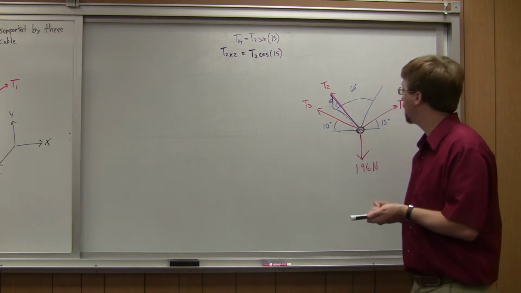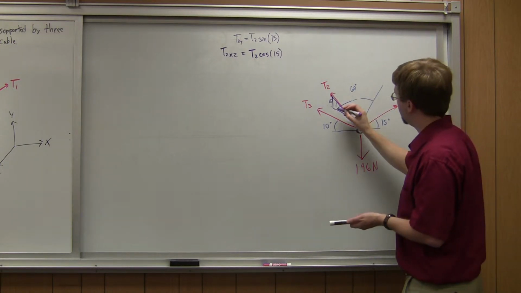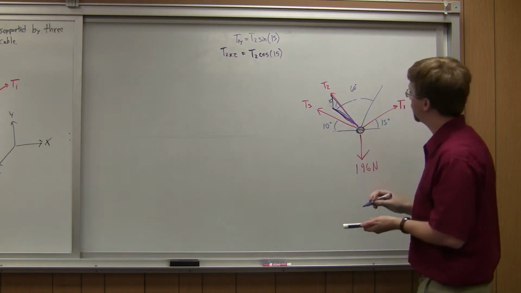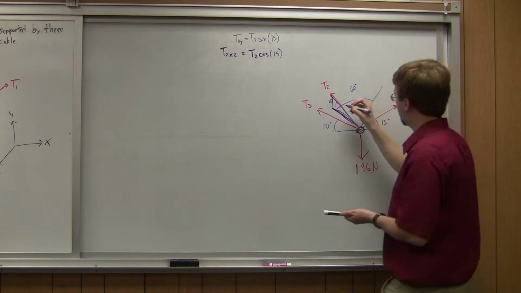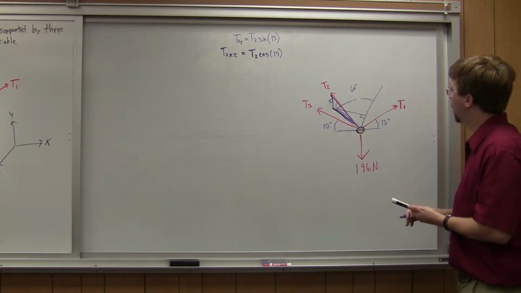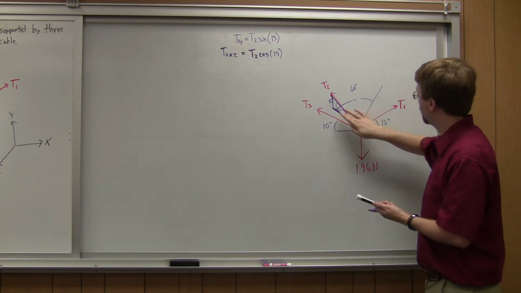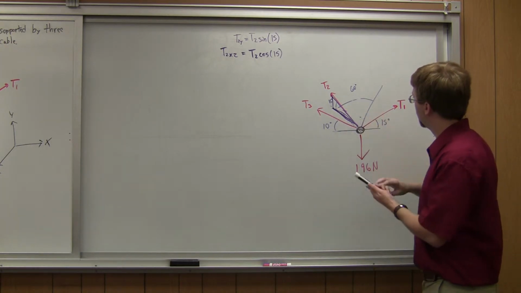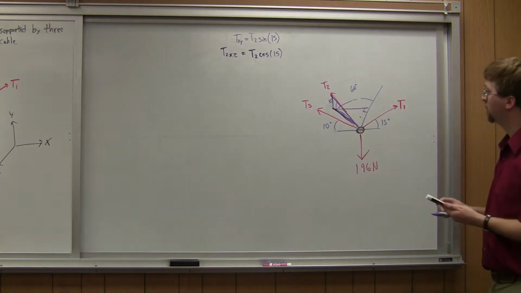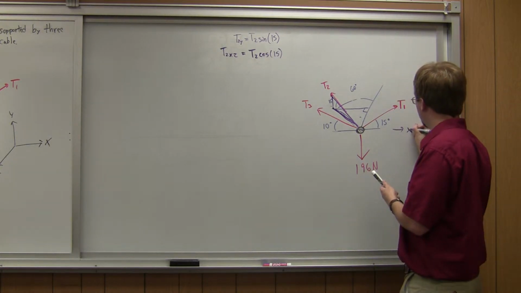All right, I need to further break this down into x and z components. So I know this 60-degree angle here, and this part that's on the xz plane is T2xz. So if I draw in a triangle like so, that's my right triangle. I know that this part right here is 60 degrees. Sorry, this should be horizontal, like that. And so the x direction, this is going to be x.